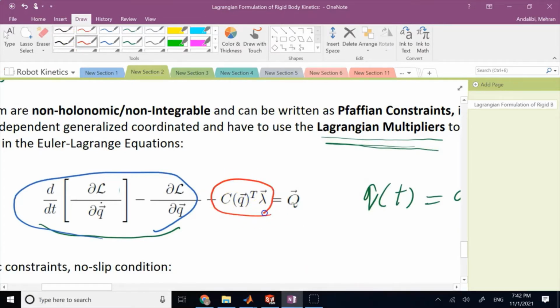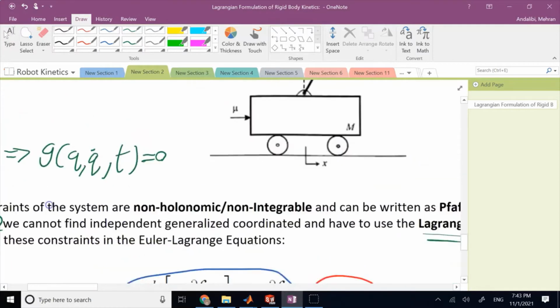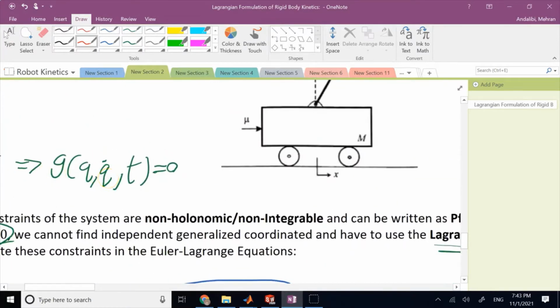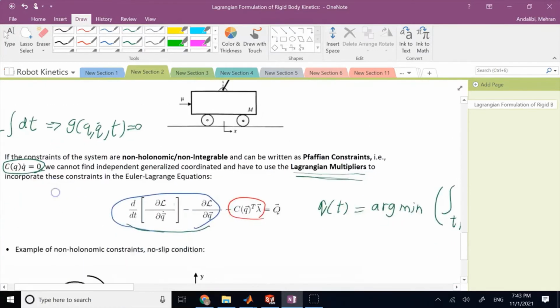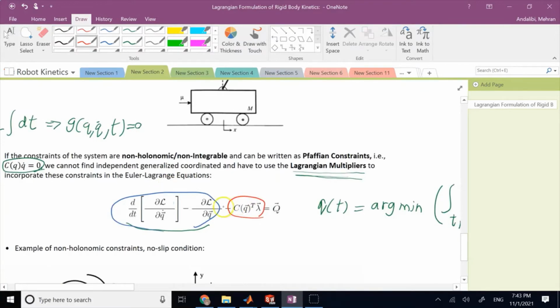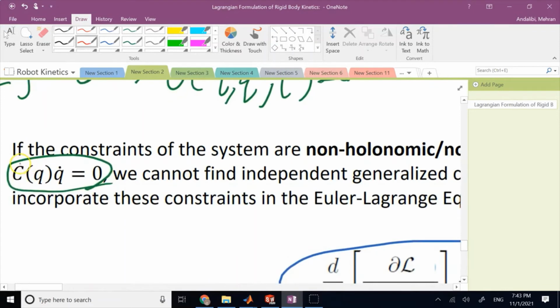This lambda here is a vector of all lambdas, and C(q) is coming from all of your constraints. So you can write all of your constraints as C(q) times q dot equals 0.